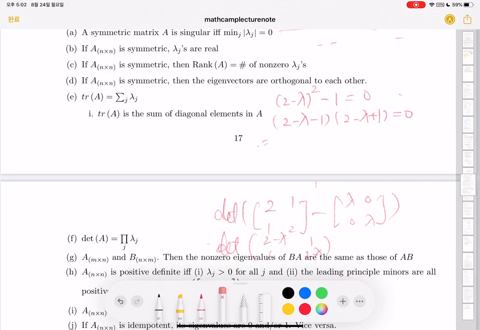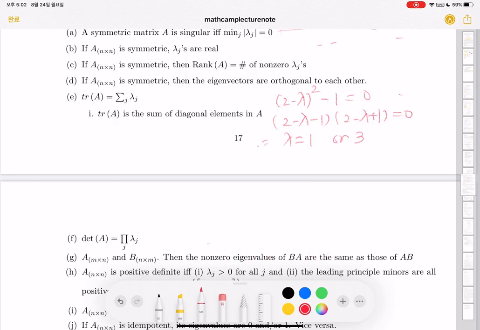So there are two solutions. Lambda is either 1 or 3, right? Okay.